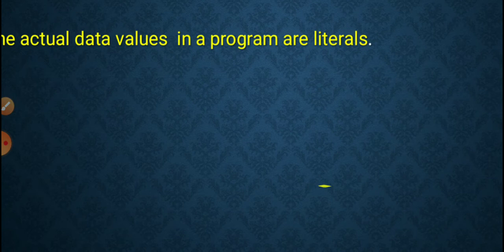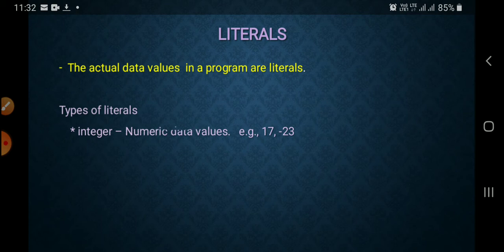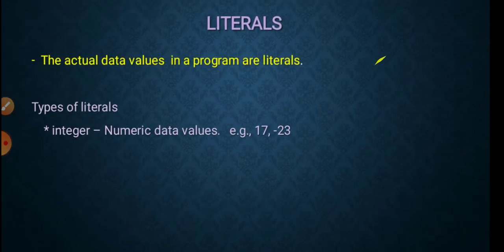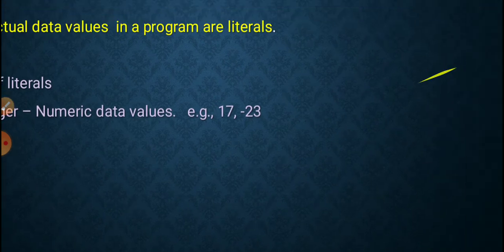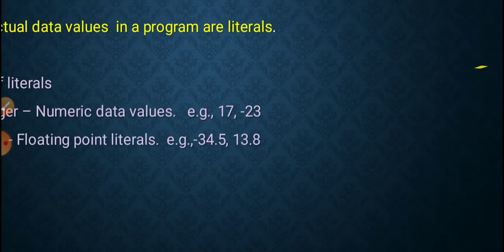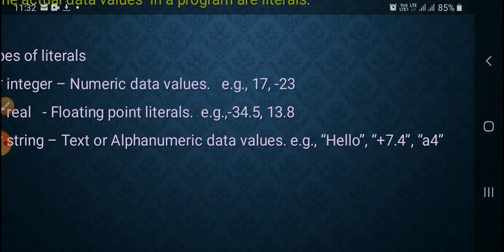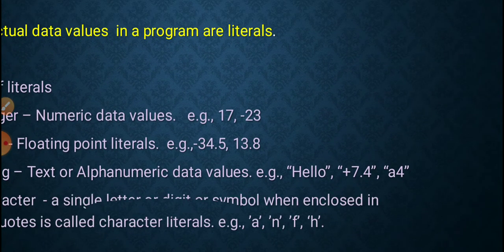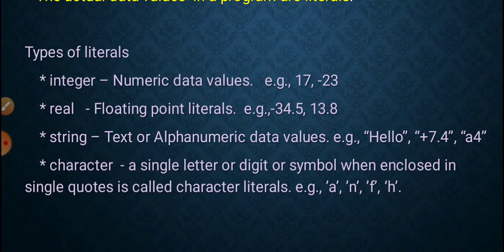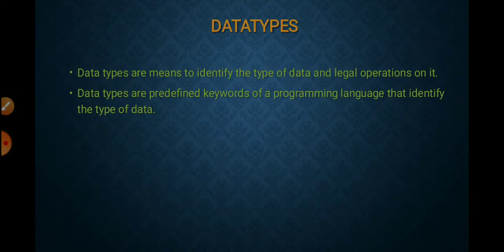The actual data values in a program are called literals. The types of literals are integer, that is numeric data values, floating point literals, string literals, character type literals, or some other kinds of literals.